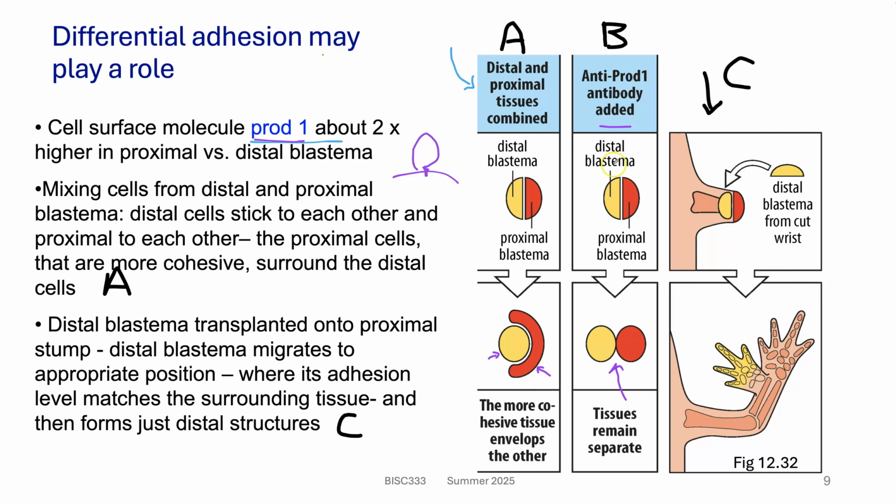And so we can use this result to explain why this result actually happens, right? This tells you what molecule is responsible for it. Anti-PROD1 antibodies will bind and cover the PROD1 on a cell surface and prevent it from doing whatever it's doing, right? So we're disrupting that protein.